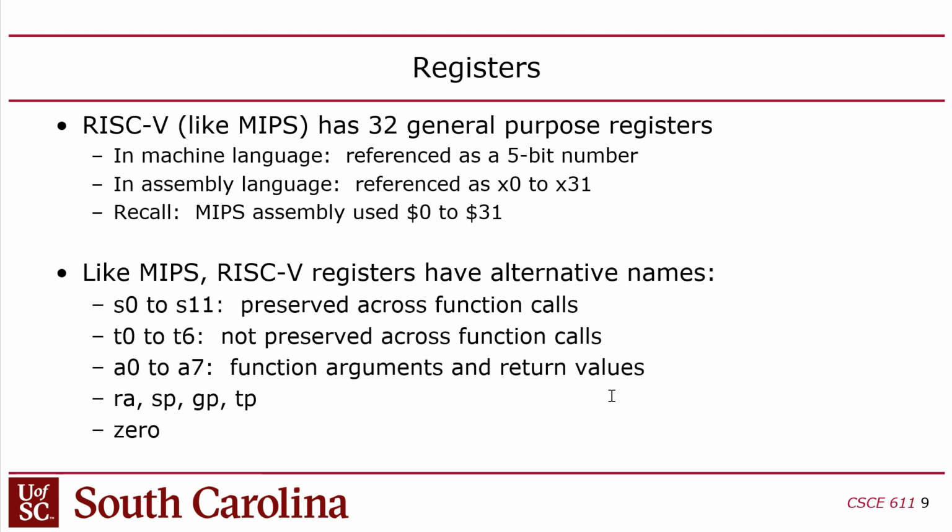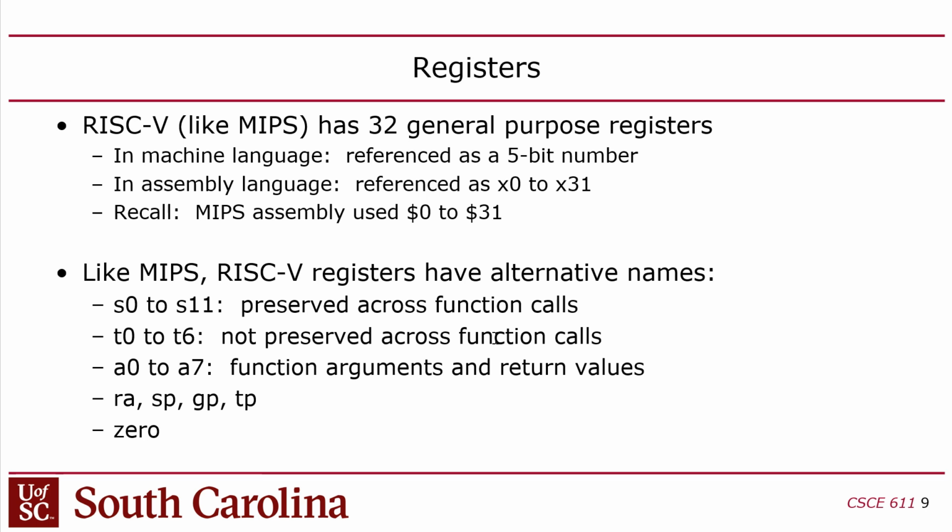These symbolic names represent the conventional usages of various register ranges. For example, S0 to S11 are perceived to be registers having longer lifetimes. So it is expected that someone writing a function that is meant to be called by other code would preserve the value of S0 to S11 on the stack.